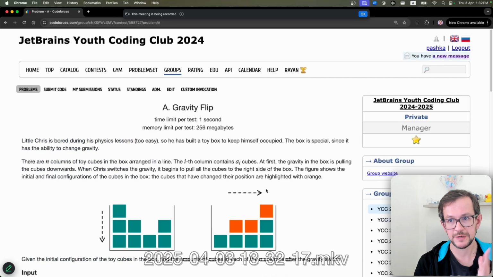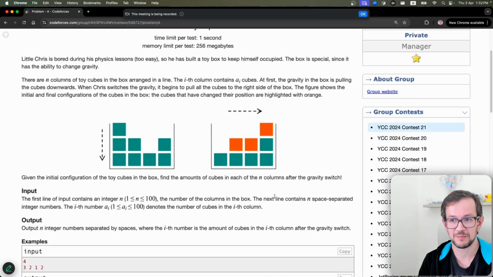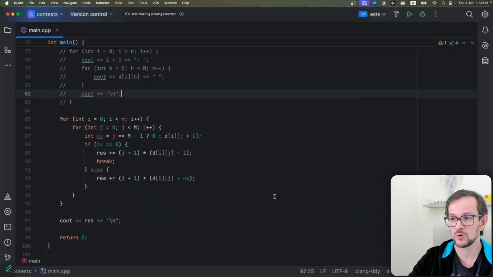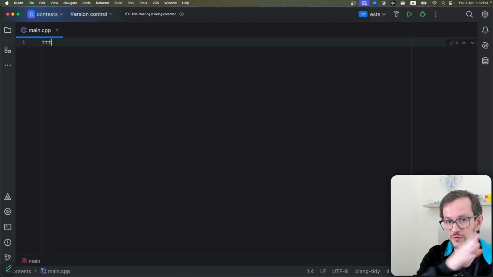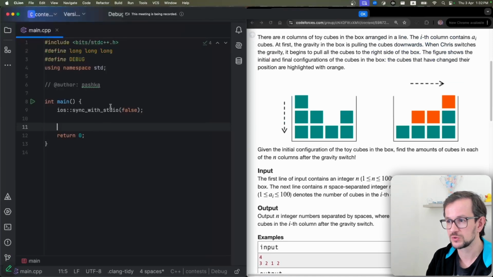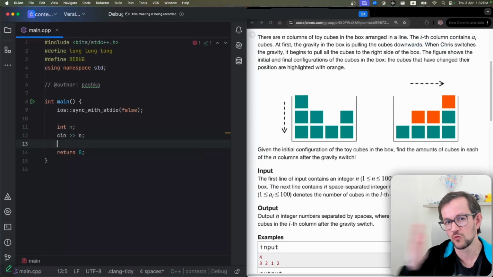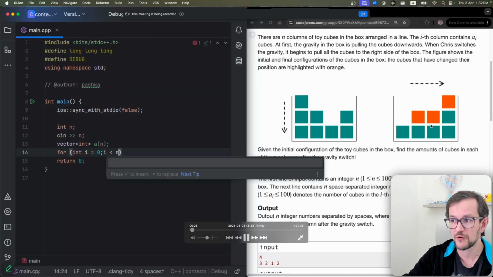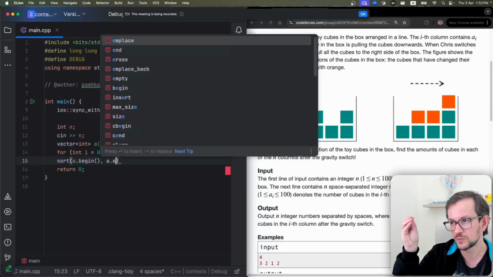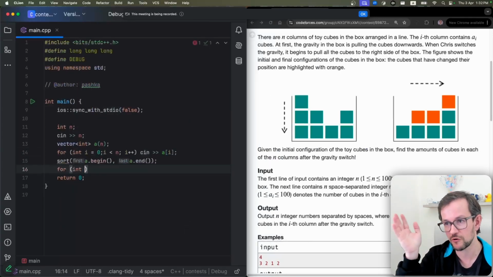So the first problem is very straightforward. You have some columns and you have gravity which moves them to the right. The interesting part is to see that the set of columns is the same after you move everything to the right, despite the fact that the operation is kind of strange: you move not the columns but individual cubes, you put the boxes to the right.